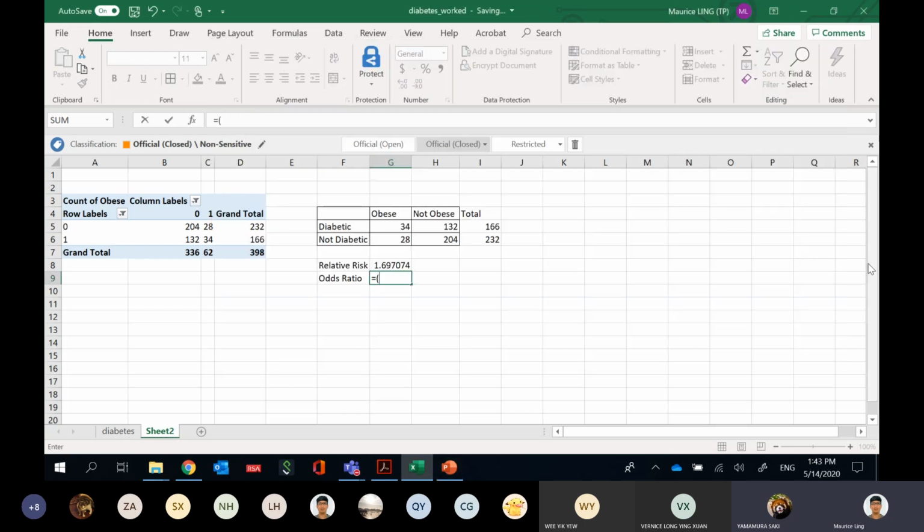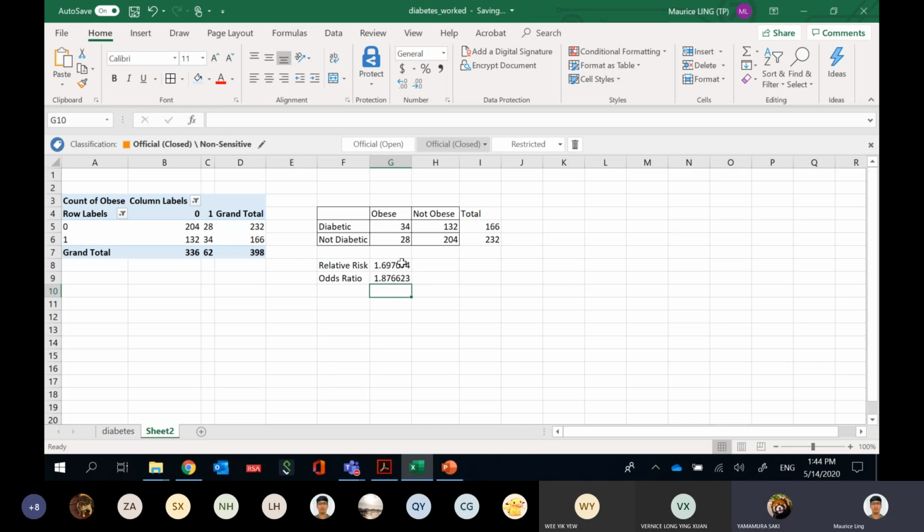Give it a try. It's okay to be wrong. 34 times 204, divided by 28 times 132. Right. So this is the relative risk and odds ratio.